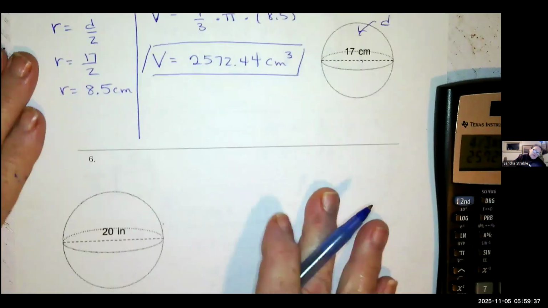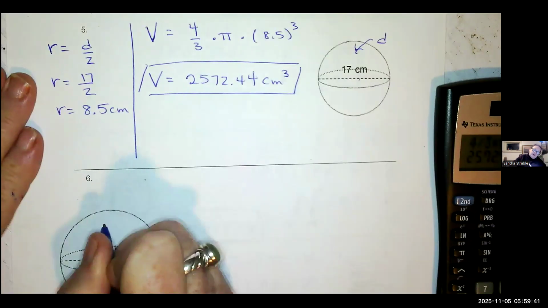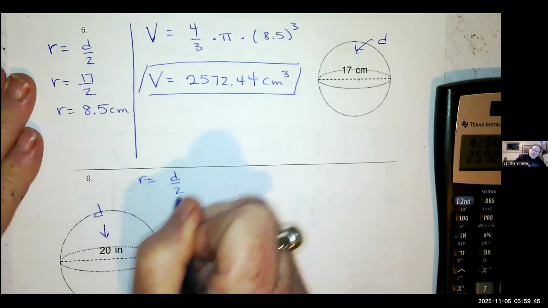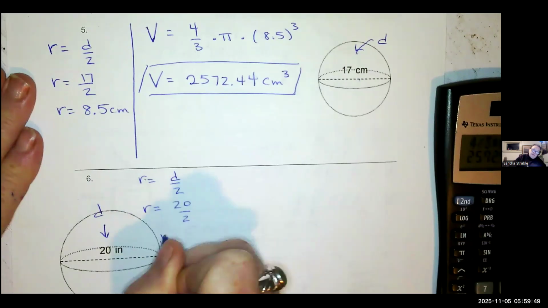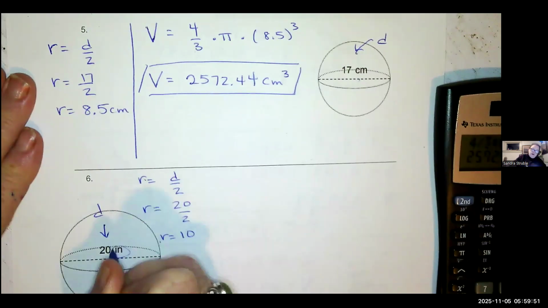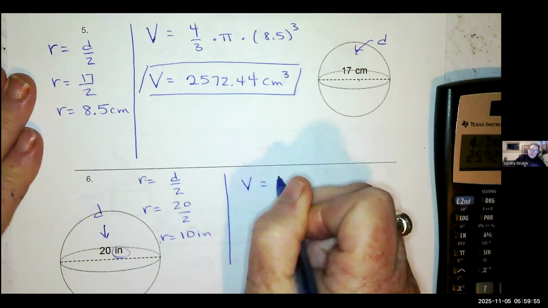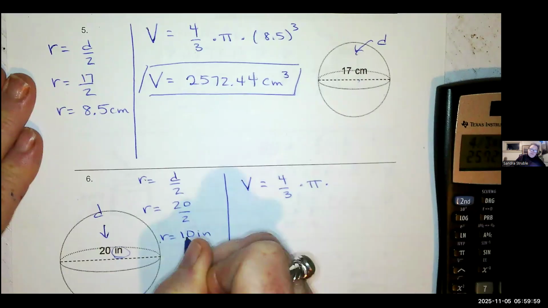So I have to find the radius first. It's my diameter. The radius is the diameter divided by 2. So 20 divided by 2. The radius is 10, same unit, inches. Now for volume, it's 4/3 times pi times your radius, and it has to be cubed.